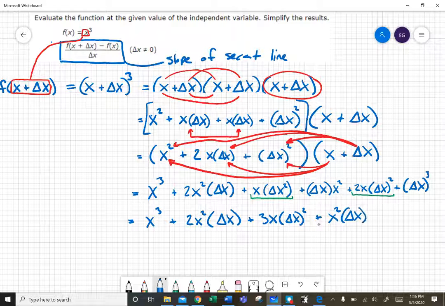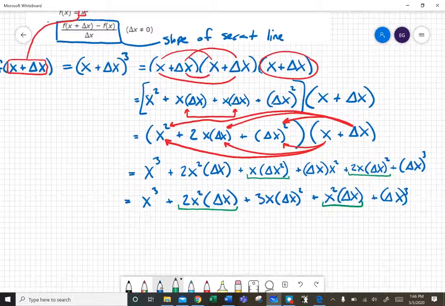It looks like we could combine those two now, plus a delta x to the third power. I could have done this in the last step, but let's do it now. We have a 2x squared delta x and a 1x squared delta x, so they go together.